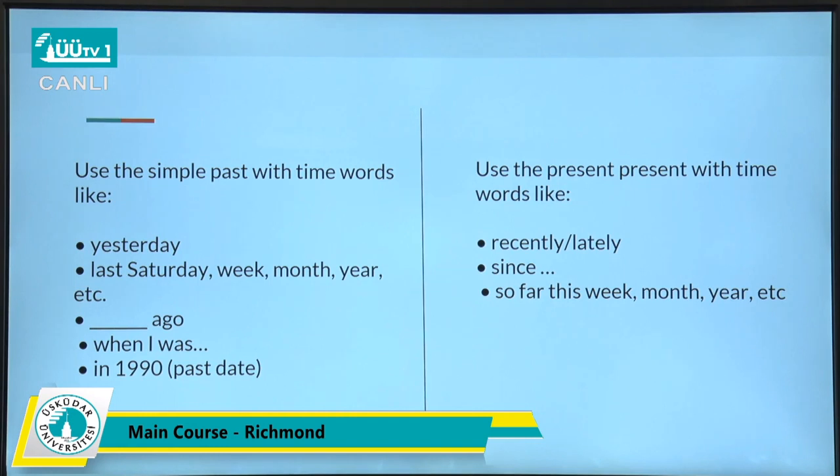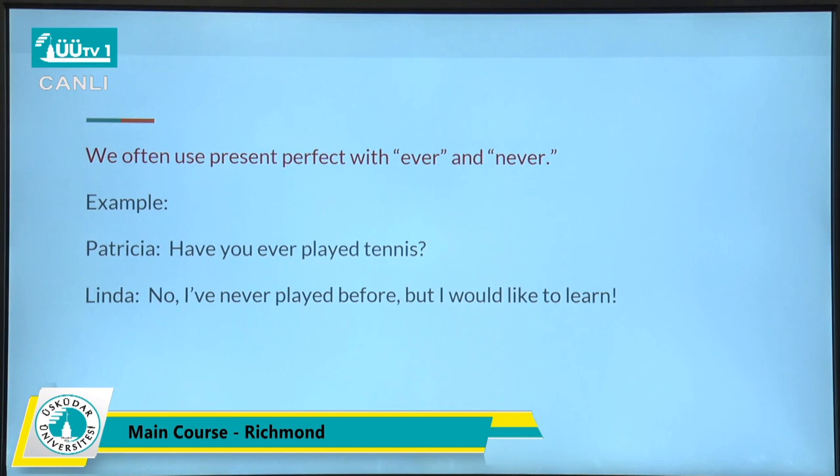With present perfect tense, we use recently, lately, since, so far this week, month, year. If you see these signal words, you immediately should realize that you should use present perfect tense in that context.